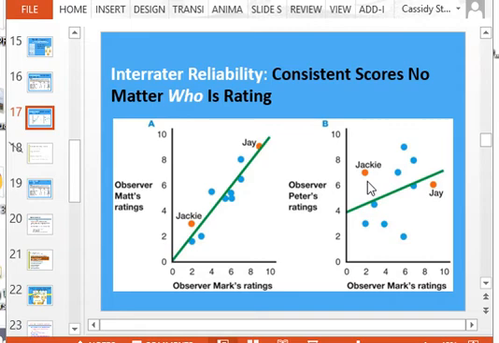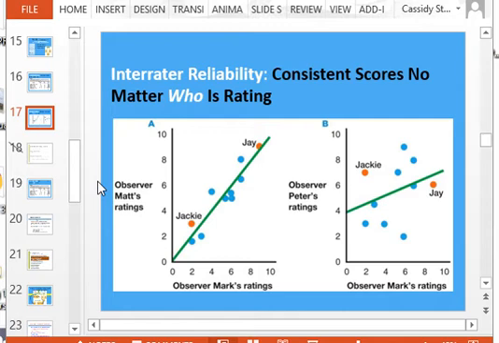So the problem here is that people can interpret the same behavior in slightly different ways. Mark might be viewing Jackie's behavior as shy and possibly withdrawn, whereas Peter is viewing the same behavior and interpreting it as calm and content. So what we're assessing here is the reliability of who is making the ratings.